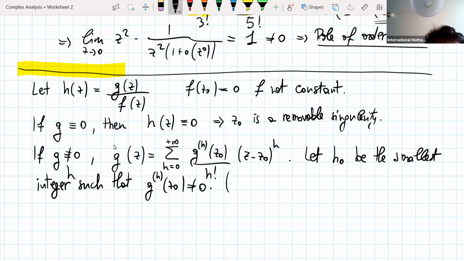Okay, so this exists since g is not identically 0.